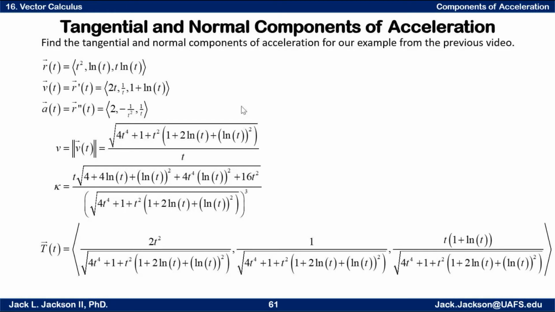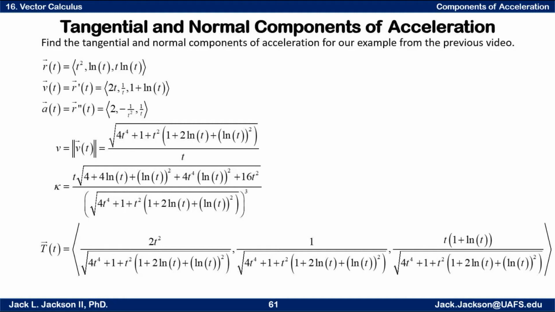The speed, v, is the magnitude of the velocity, so square each of these three, add them up, and take the square root, and we simplify just a little bit to get a fraction with t in the denominator, and the numerator is the square root of the whole thing, 4t to the fourth plus 1 plus t squared times parentheses 1 plus 2 natural log of t plus the natural log of t squared, close parentheses.